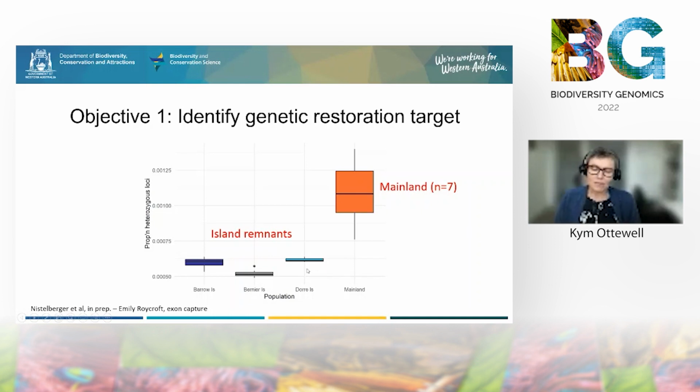These populations are relatively small and have undergone ongoing bottlenecks. So this isn't a terribly surprising result, as we did anticipate low genetic diversity in these populations. But having the mainland samples from the historical specimens gives us a genetic restoration target to work towards for the species.